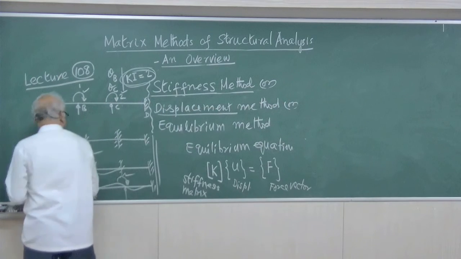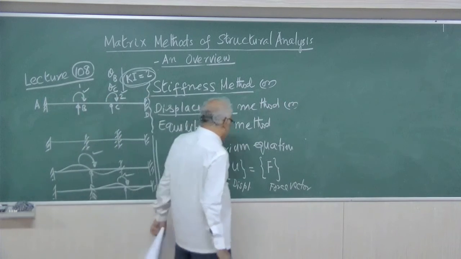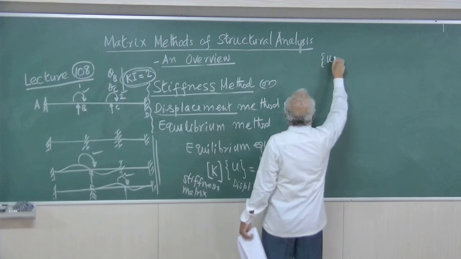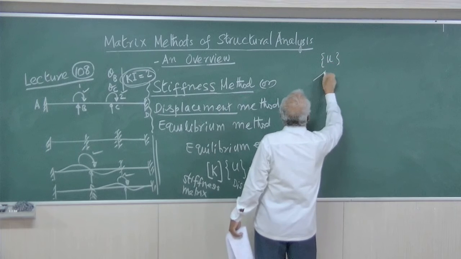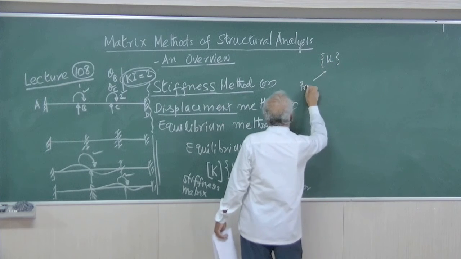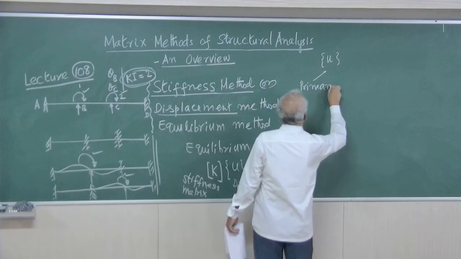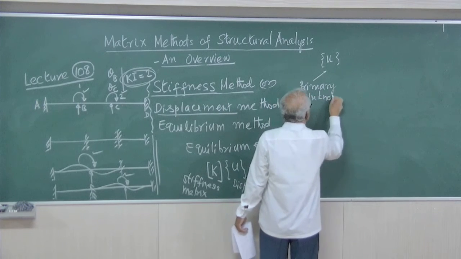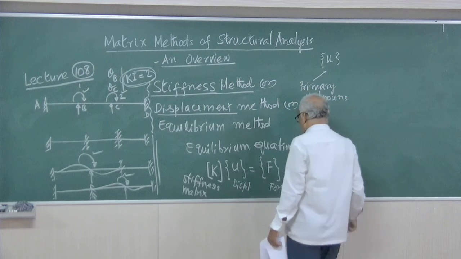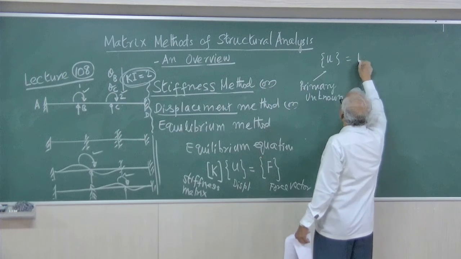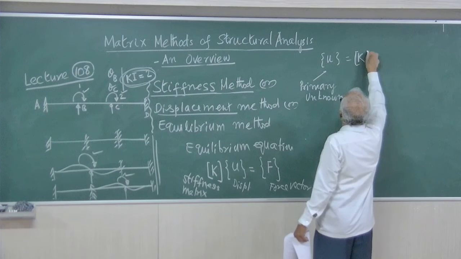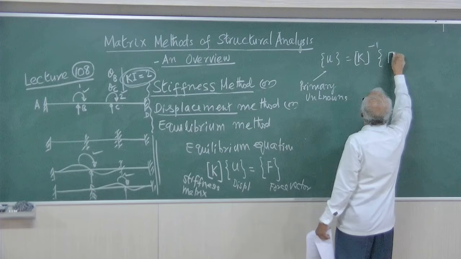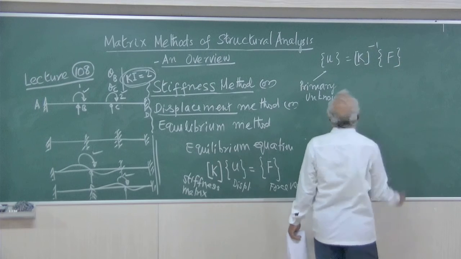Now, U equal to K inverse into F. Here, these are the primary unknowns.